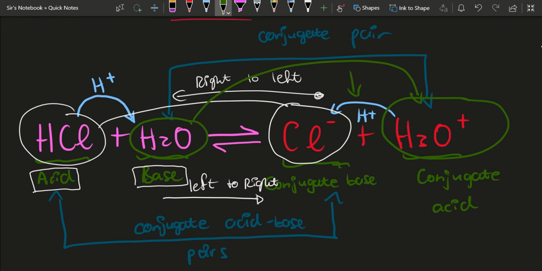When a base receives a proton, it creates a conjugate acid. I'll repeat this one more time. An acid forms a conjugate base when it donates a proton. Similarly, a base forms a conjugate acid when it accepts a proton. I hope that we are all on the same page. I know this is quite a mess, just a lot going on in this section right here.